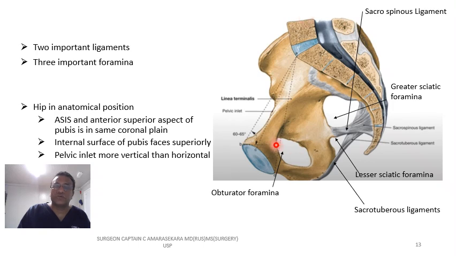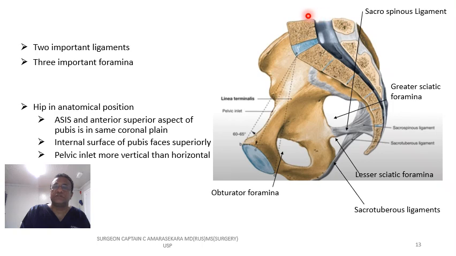Now we said there are three important foramina and two important ligaments. The third foramen is the obturator foramen. This is your obturator foramen. It is formed by the pubis and ischium.